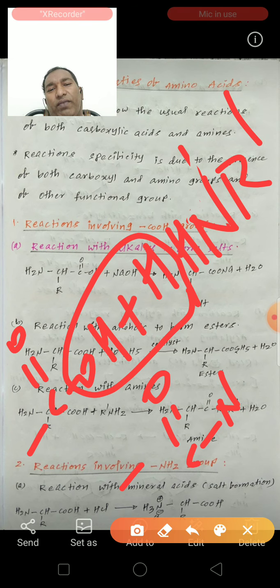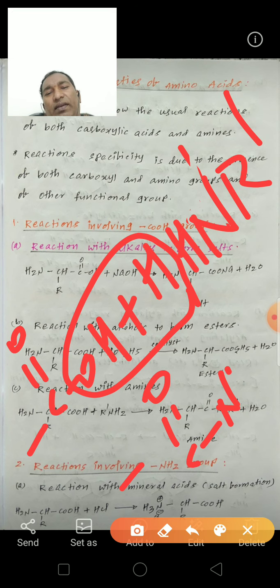By removing a water molecule, it can form CONHR', that is an amide.